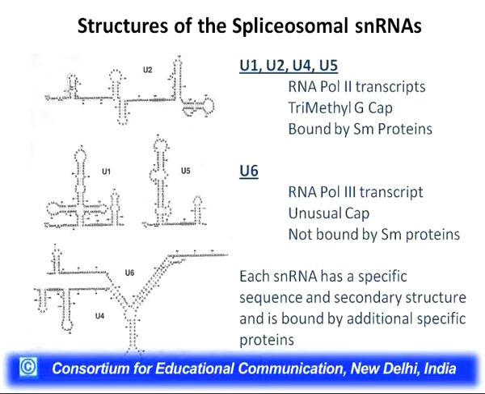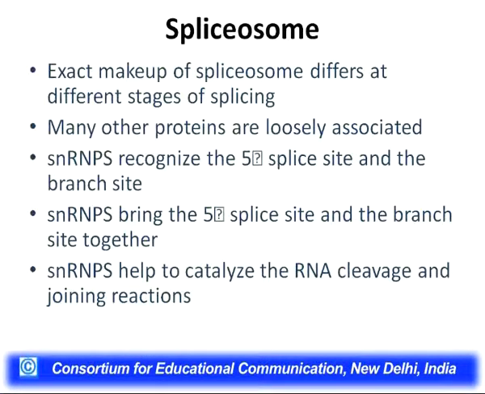Because of the specific sequence of these snRNAs, they have a specific secondary structure, and this secondary structure is essential for specific binding to mRNA and the catalytic process. Also, it is responsible for binding of other proteins to the spliceosomal complex.